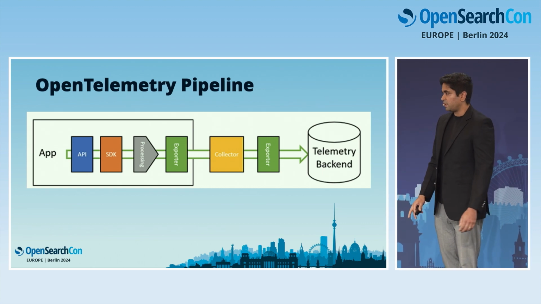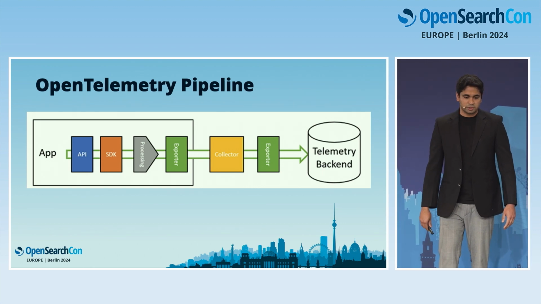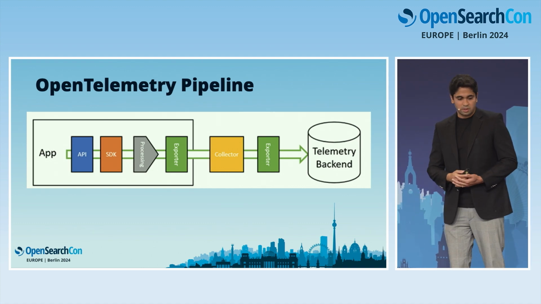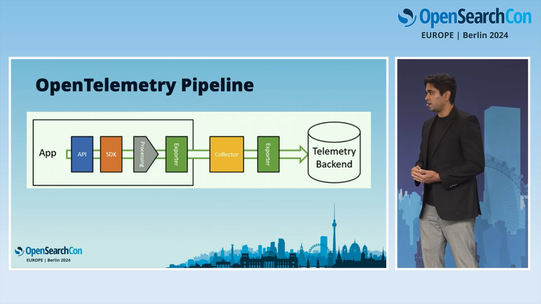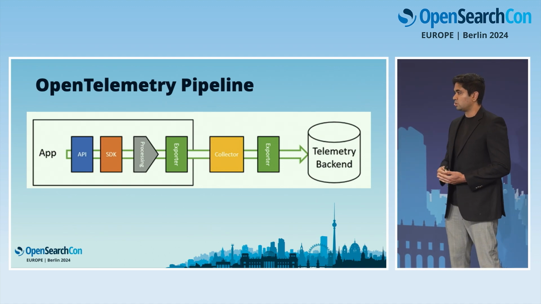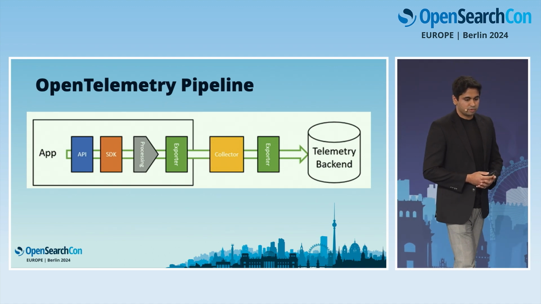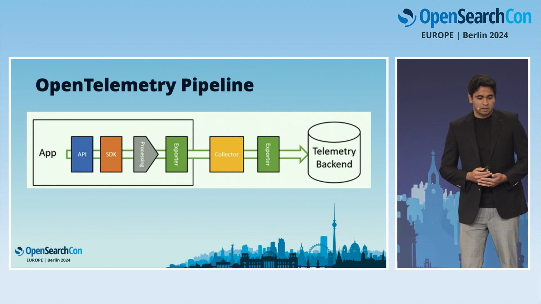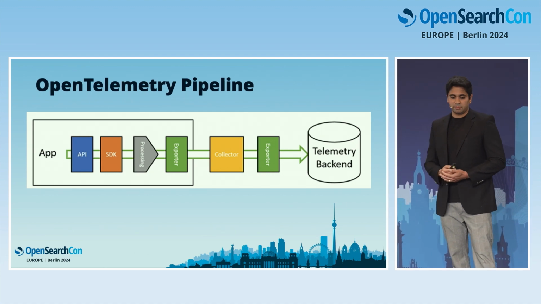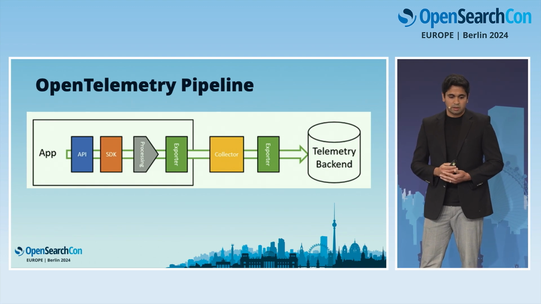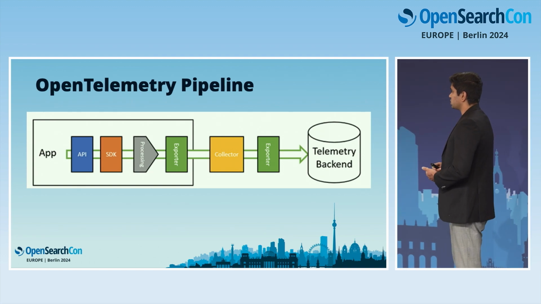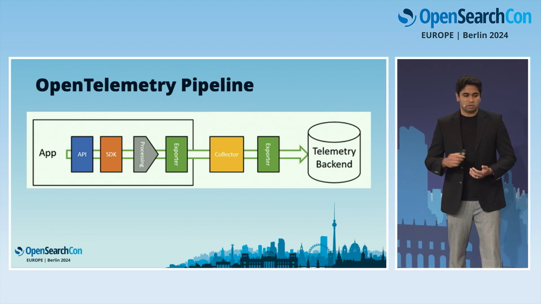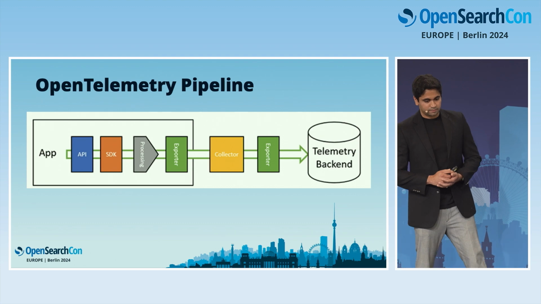So a telemetry pipeline at a very high level can look as follows. On the left, you have your app or service that you want to instrument. We have the OpenTelemetry APIs and SDKs used to instrument the service. We have a kind of mini processing pipeline within the service itself that OpenTelemetry provides, where you can aggregate the data, decorate it, possibly add, for example, a node ID to the log or something like that.